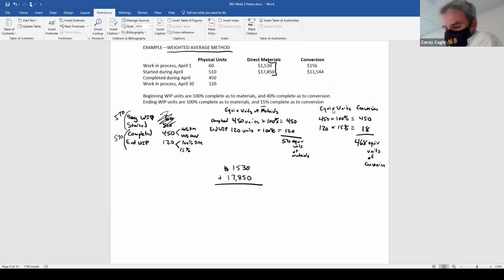We have spent a total of $19,380 on materials. All of that allowed us to complete 570 equivalent units. So per unit, our materials cost is $34.